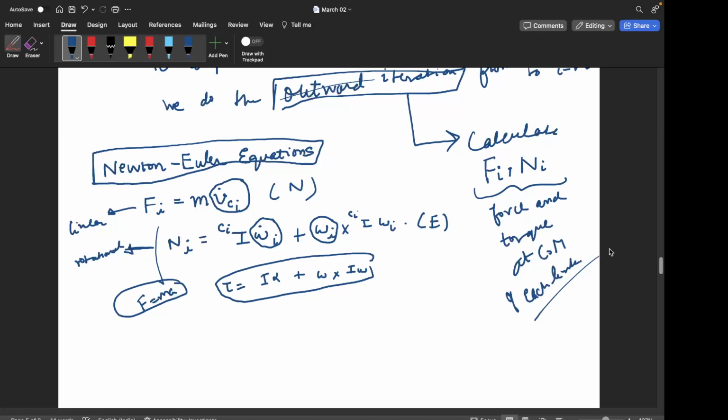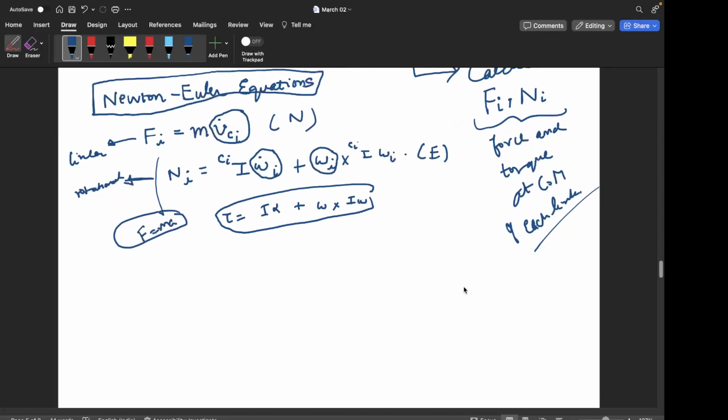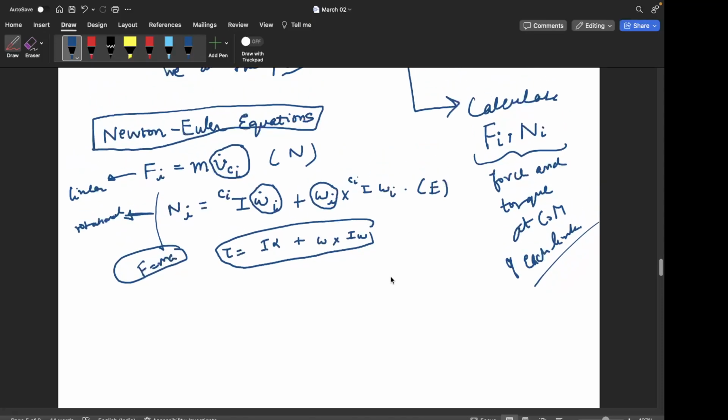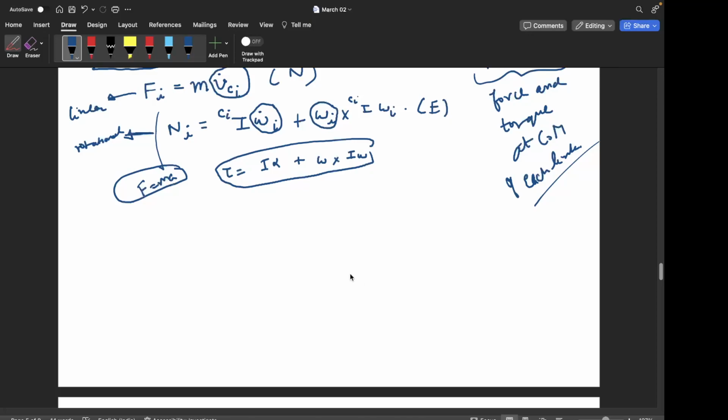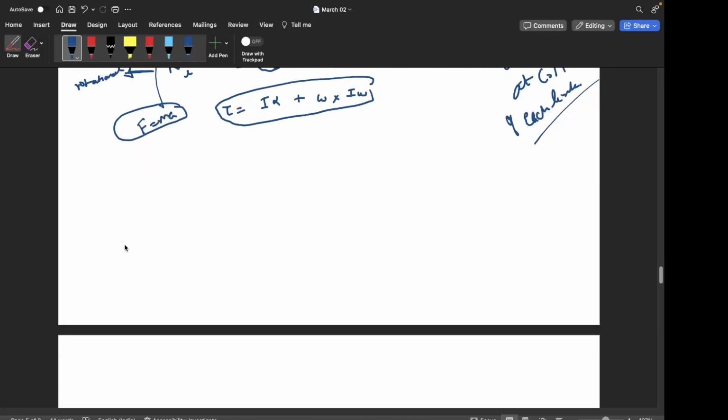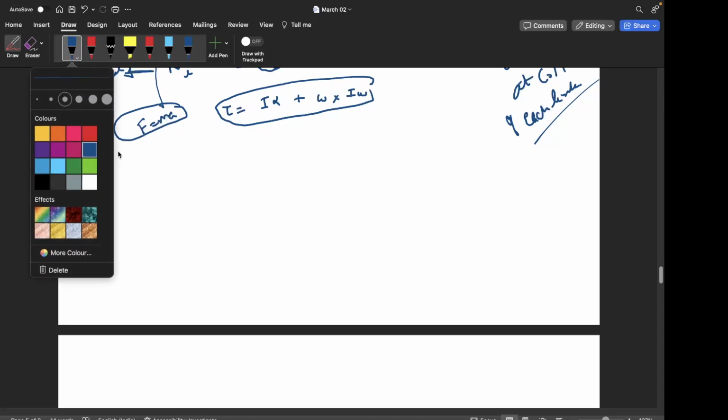Okay. So this is one complete part of manipulator dynamics, doing the outward iteration and calculating the forces and torques at the center of mass of each link. After this, we do inward iteration. So now we do inward iteration to compute the required joint torques, which is our final aim of doing this analysis.